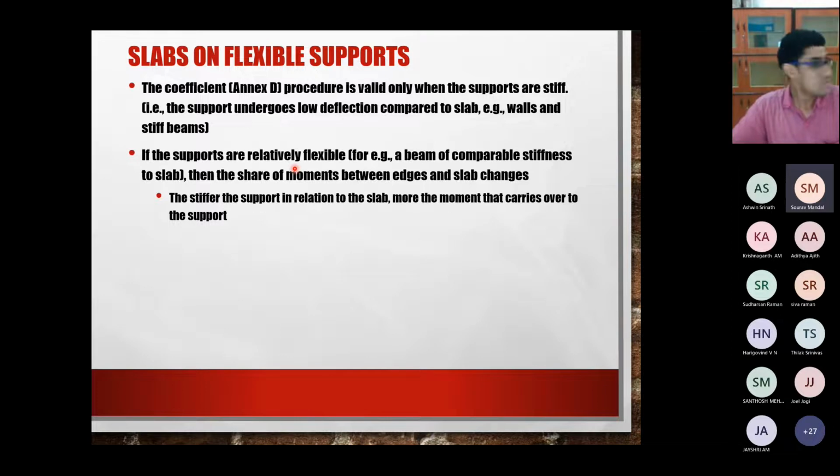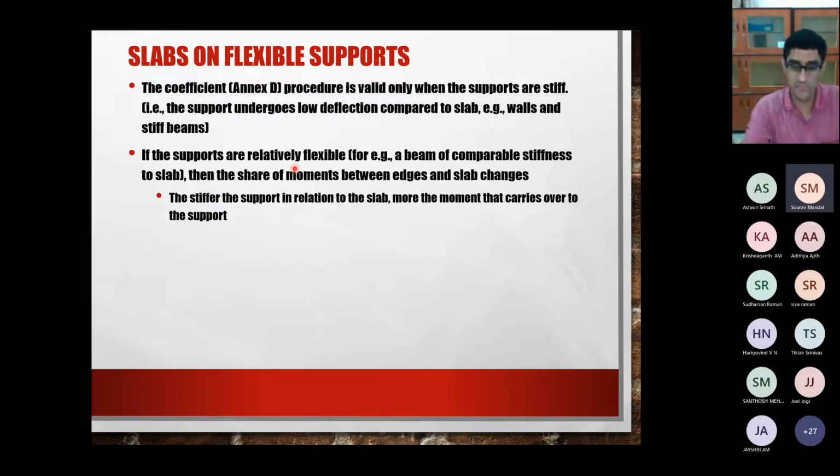Okay. So, for example, as a side note, I can ask you a question. You people have done this. What is that moment distribution method in analysis of indeterminate structures? Okay, so say that you have a continuous beam, three span continuous beam. Simple example.